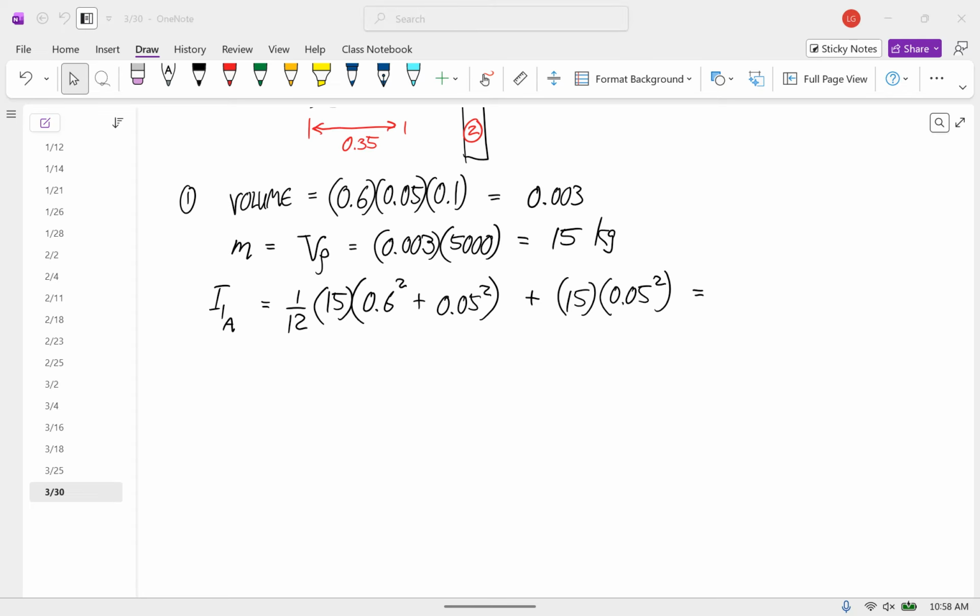And I get 0.4906 kilogram meters squared.